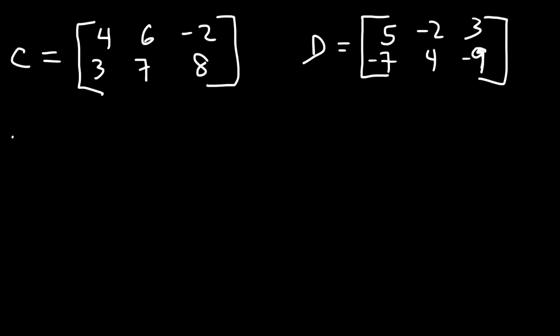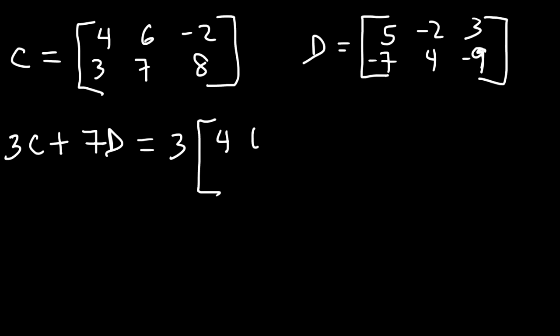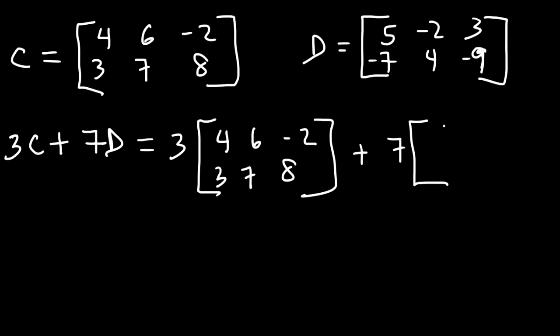Find a matrix that corresponds to 3C plus 7D. Feel free to try that. So we have 3 times matrix C, and then plus 7 times matrix D. Feel free to pause the video if you want to work on this example.